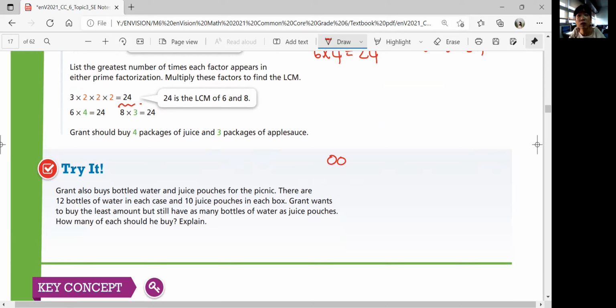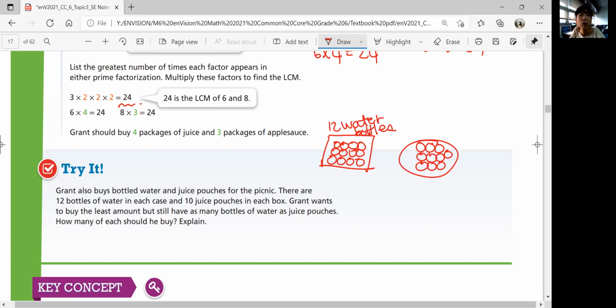So how many water bottles do you have in one pack? 12. 12 water bottles in one pack. Okay, and then 10 juice pouches in one pack, in each box.